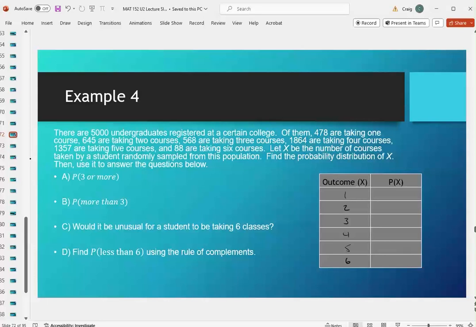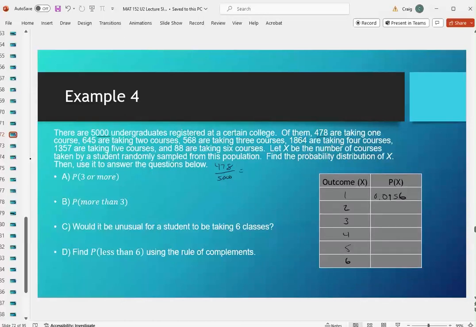To find the probability, we've just got to do a little bit of division. There are 5,000 total students. 478 are taking 1 class. Remember, 478 divided by 5,000 gives you 0.0956.